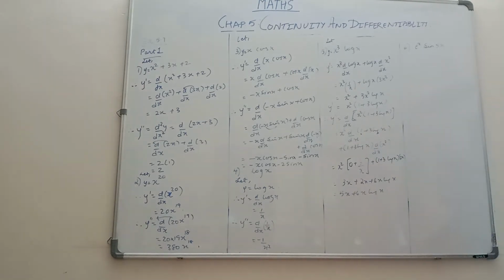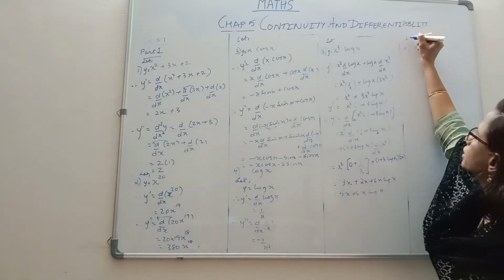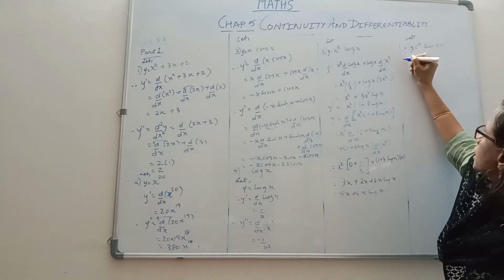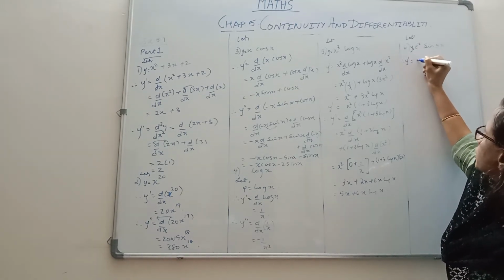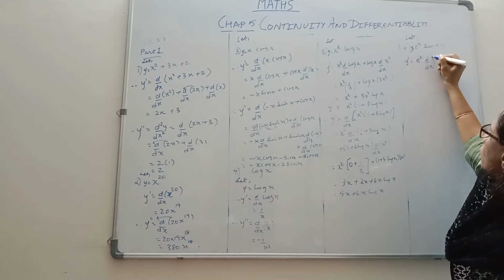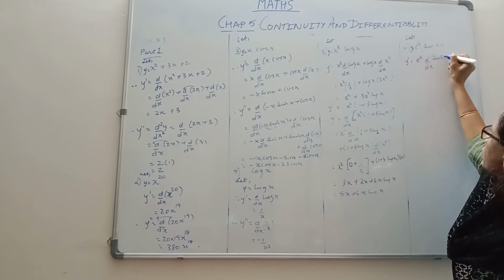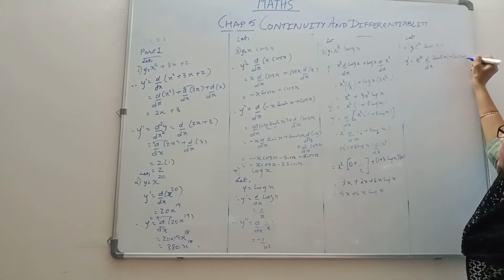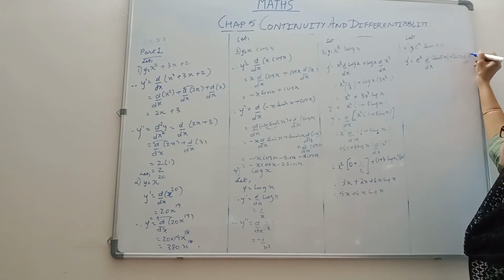That's about it. Now we move to the next question, that is also a product. So there also we start right away. Let y be e raised to x sin 5x. We are taking the very first derivative, that is by product rule. So e raised to x derivative of sin 5x plus sin 5x derivative of e raised to x.